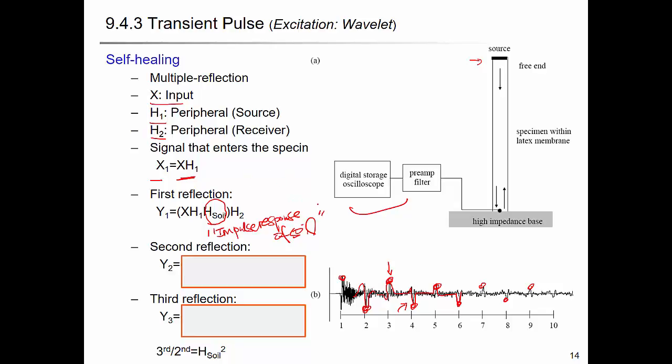So the received signal at the bottom will be Y1, and that's X times H1 times H soil times H2. So H2 is the coupling between the receiver and the soil.